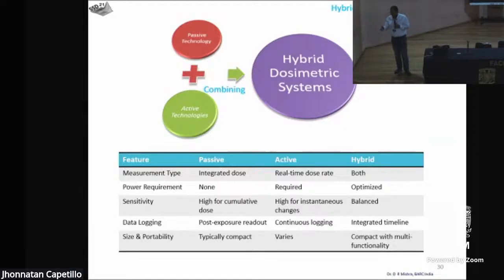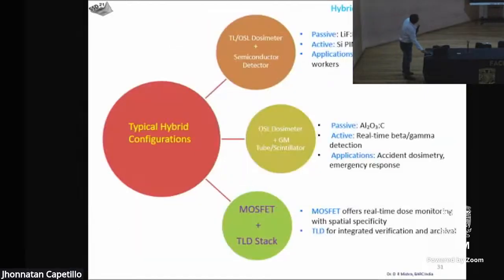So now the idea is that we should combine these two dosimeters in different combinations. You have a TL with scintillators. You can have an RPL with some kind of GM tube, or you can have one passive dosimeter with scintillators, and so many combinations people are trying to come out with, so that you can have one more comprehensive way of dosimetry.